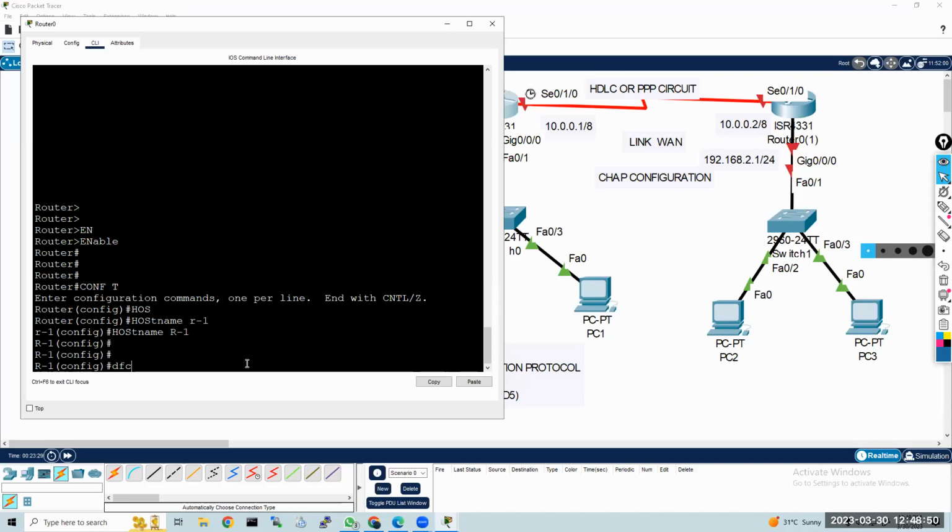Do it. Assign the IP address. Go to interface serial. Why are you copying?